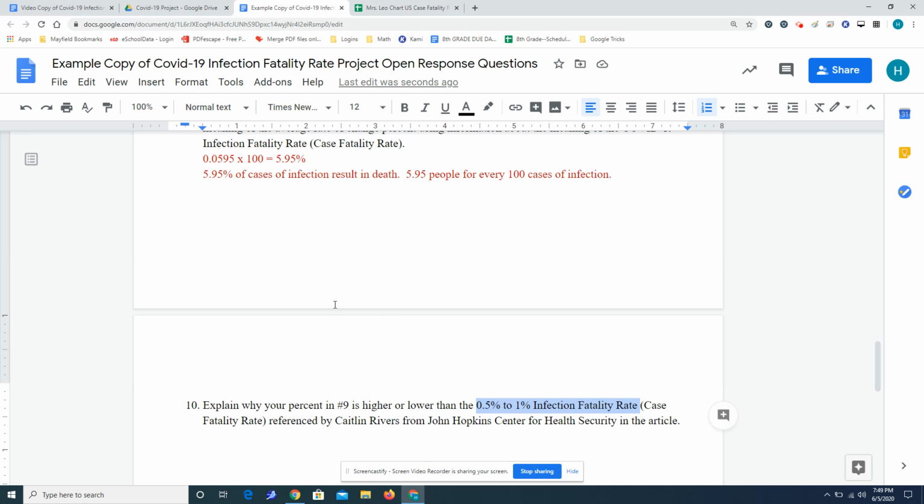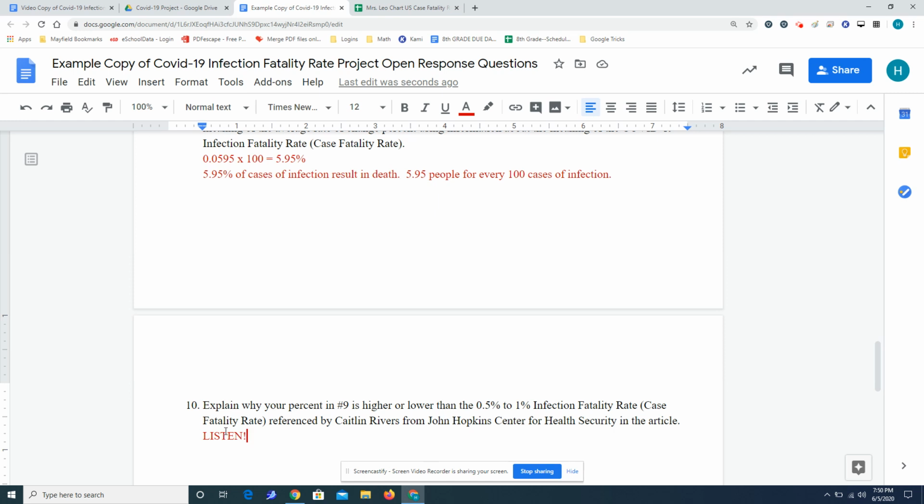So why would our percent be higher or lower than that 0.5 to 1%? And we talked about this, and I'm not going to type this answer out because I'd like you to write this in your own words. But we talked about what this means at the beginning. All right, listen there. And I want you to write it in your own words.